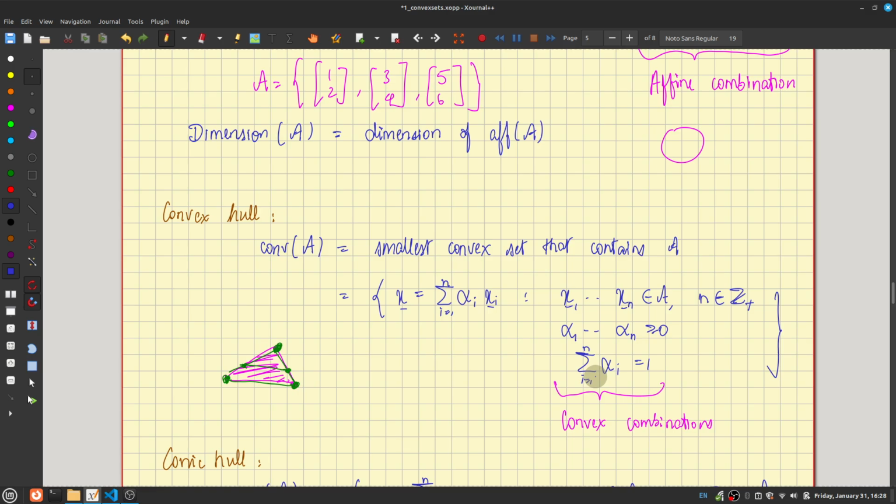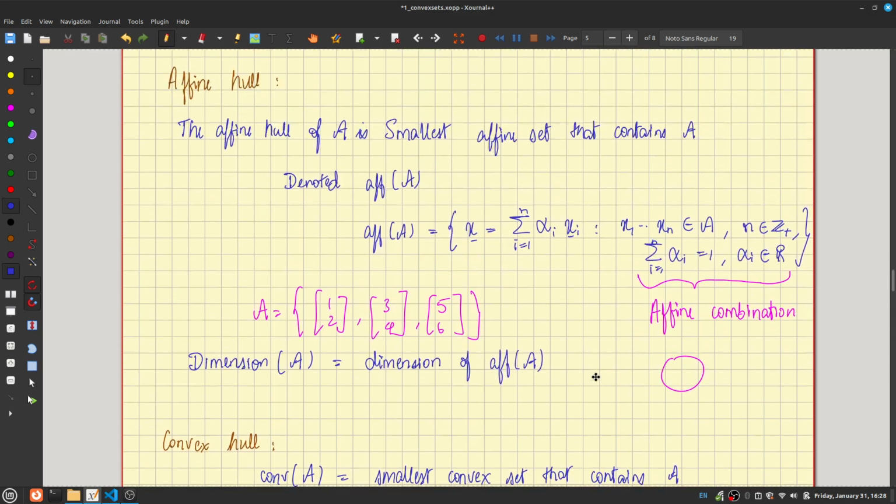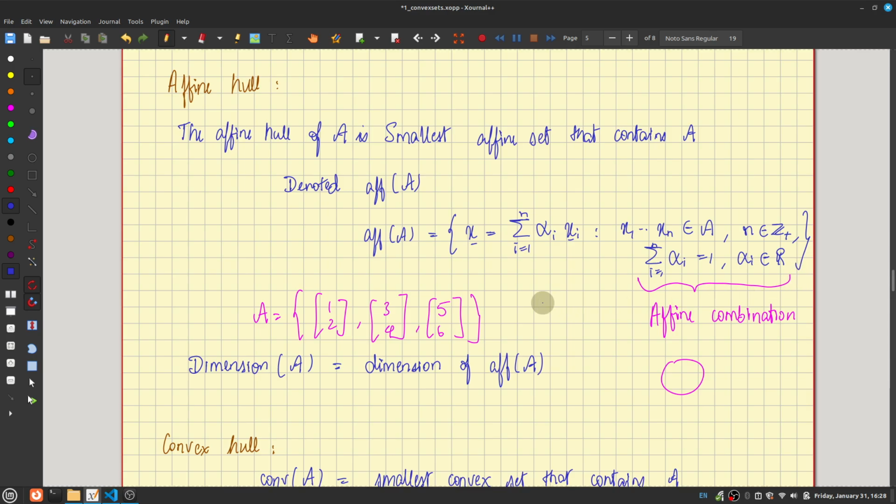Mathematically, it requires a little bit of effort. But for now, just believe me that this is the smallest convex set that contains A, and this would be the smallest affine set that contains A. That's also because you're looking at all possible affine combinations of all finite subsets of A.